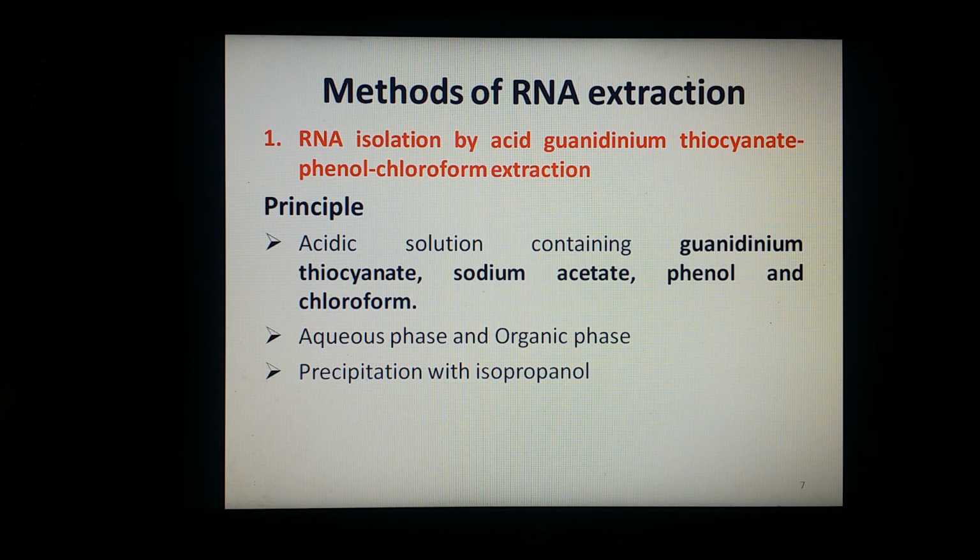Under acidic conditions, total RNA remains in the upper aqueous phase, while most of the DNA and proteins remain in the lower organic phase. So the RNA and DNA separate, and the total RNA is then recovered by precipitation with isopropanol, and it can be used for several applications. So this is one of the methods of RNA extraction.